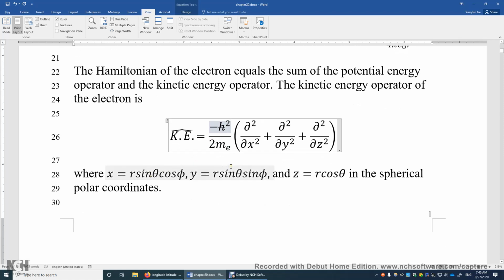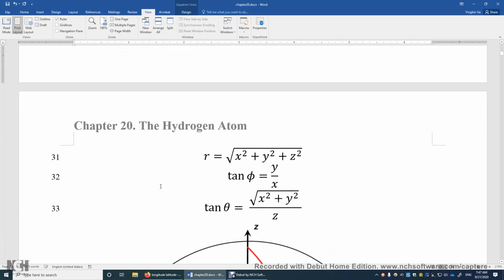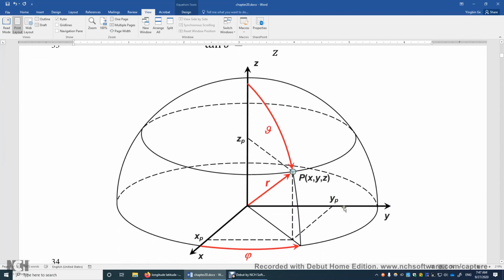We can also convert x, y, z to r, theta, and phi in spherical polar coordinates. How do we do that? Let's look at this. So we have x, y, and z to define the position of the electron. And this is the position of the nucleus or the proton in the hydrogen atom.